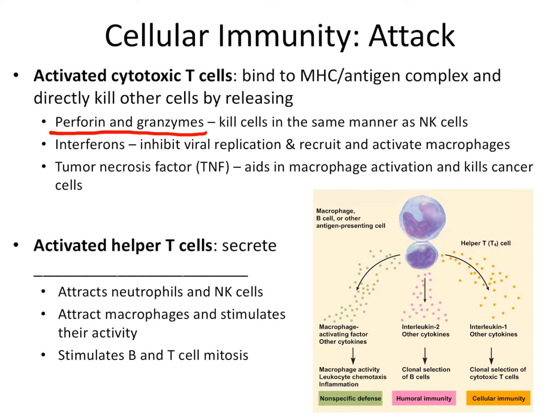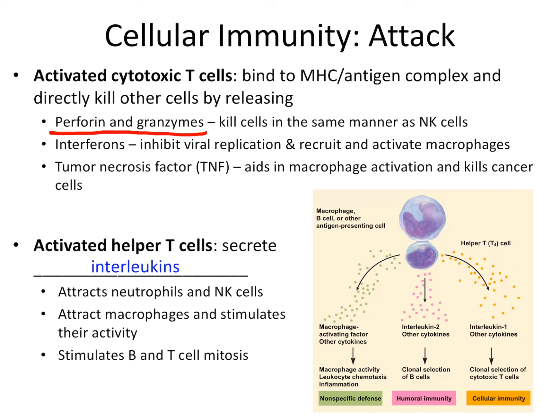Now, activated helper T cells are ultimately going to perform most of their specialized functions by secreting what are known as interleukins. Now, there are many different types of interleukins, and each of them is going to have some different effects. However, we don't need to know the specific types of interleukins.